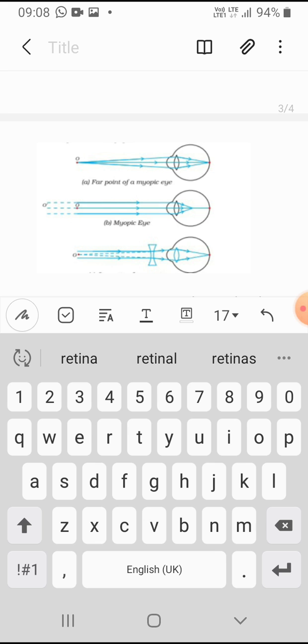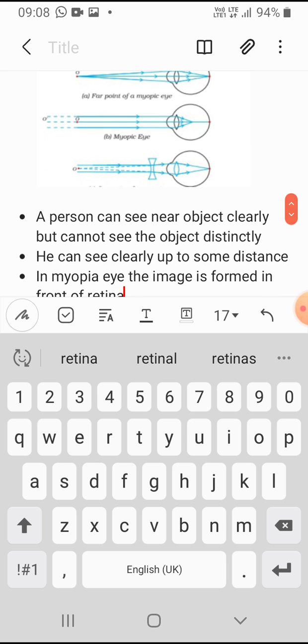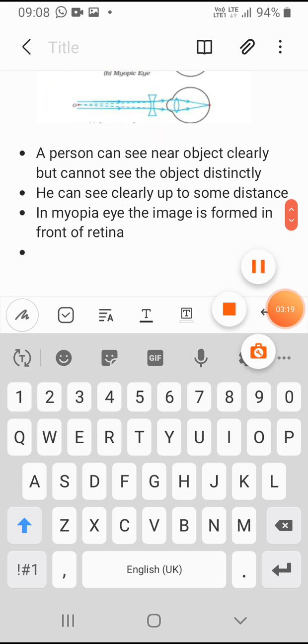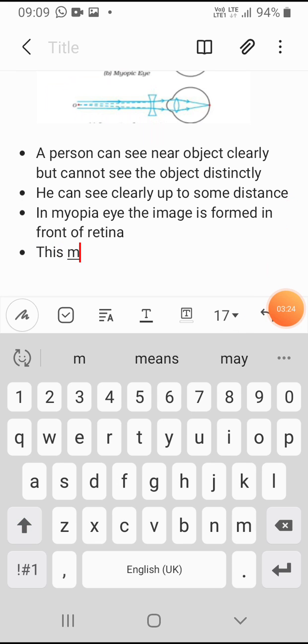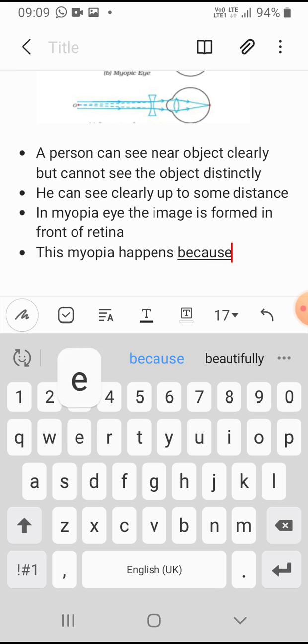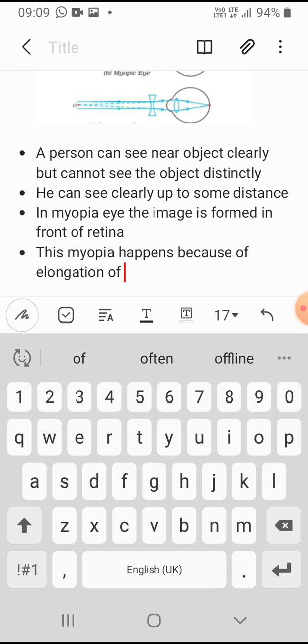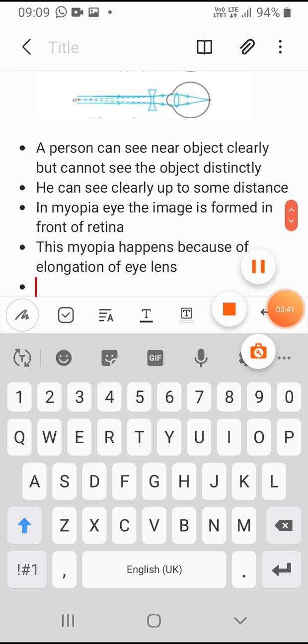It should be formed on the retina if you want to see the image clearly. So this is the problem they are facing. This myopia problem happens because of elongation of the eye lens.